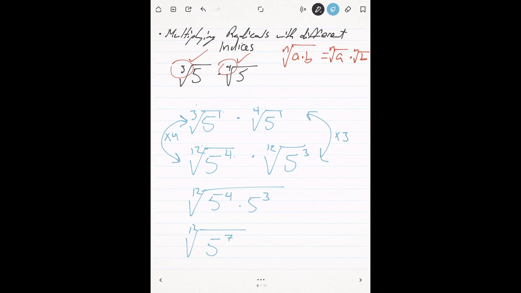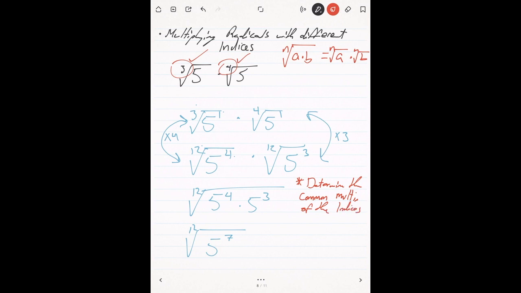So, with this said, I hope you're seeing the process that we're using for this. If we're going to break it down step by step, we should say that we first need to determine the common multiple of the indices.